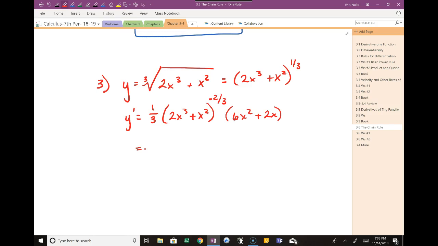Where's this quantity? Top. Okay, so the piece on the top is going to be 1 times the 6x squared plus 2x. You don't multiply it, you just put 1 on top, because it's going to be a fraction. Just leave the 3 on the bottom.